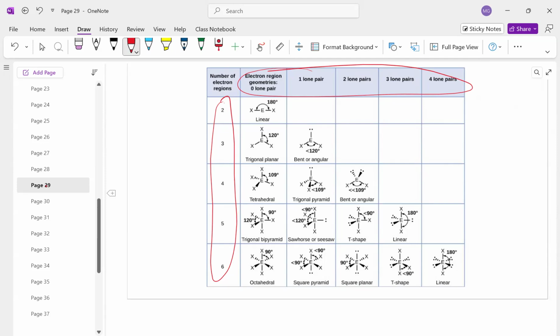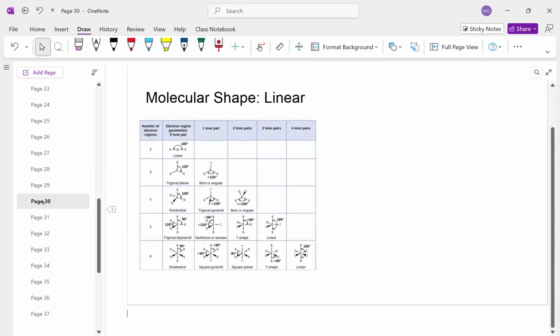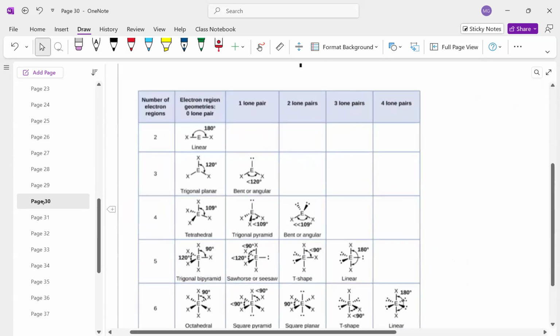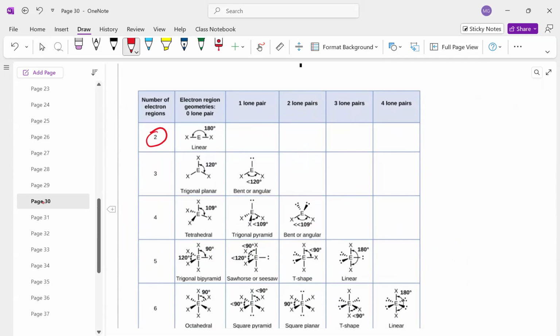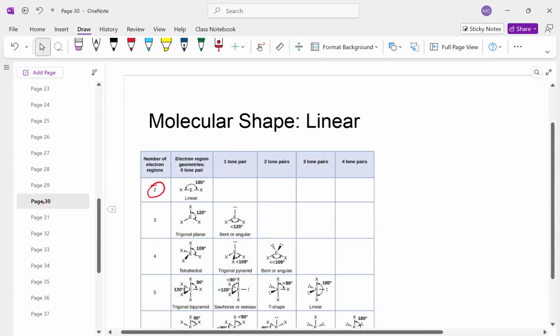So let's go into our first shape here. We'll start from easiest and go to more complex. The first one we're going to look at is linear. This is characterized by two regions of electron density. Now, to preface all of this, and this is the foundational thing for all of the shapes, so I'll put it up here at the top.